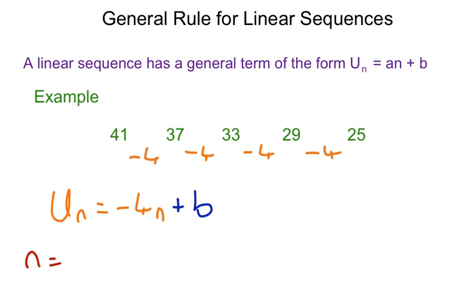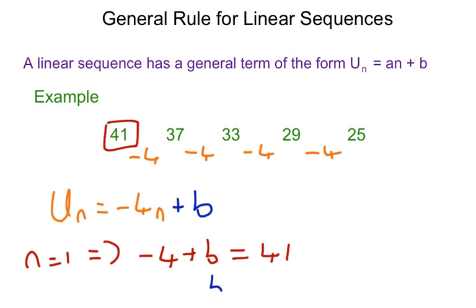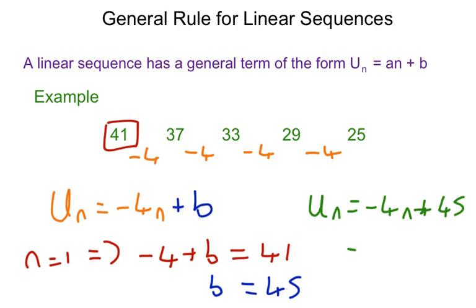But when n is equal to 1, we get minus 4 plus b is equal to 41, and that gives us, when we solve the equation, b equals 45, which gives us un is equal to minus 4n plus 45, or sometimes we might write that as 45 minus 4n.